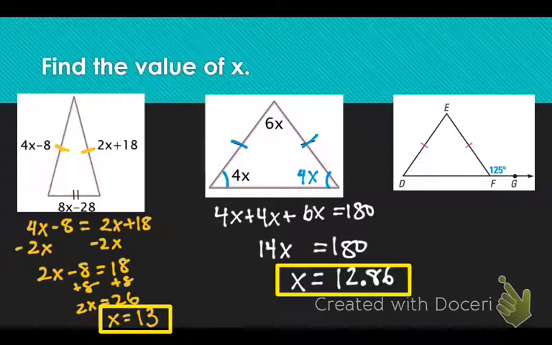All right, so then the last one we do together. What do we call the angle, this location of 125? The what? Exterior. This is called the exterior angle. We'll talk about what that means to us in a second.